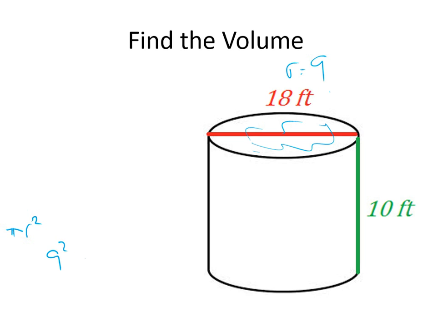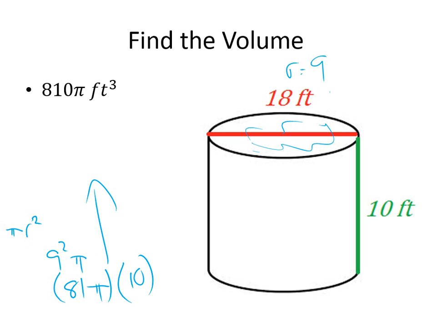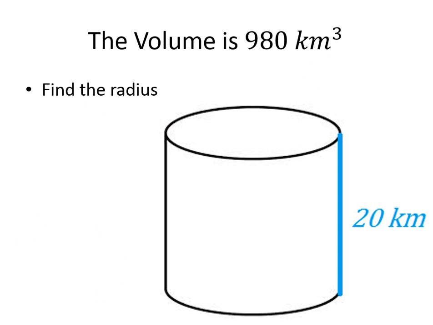So it would be 9 squared times pi, which would be 81 pi. Then we're going to multiply that by the height, which is 10, which gets us our answer of about 810 pi feet cubed. So again, it's just identifying what this is, what that is, and then multiplying everything through.